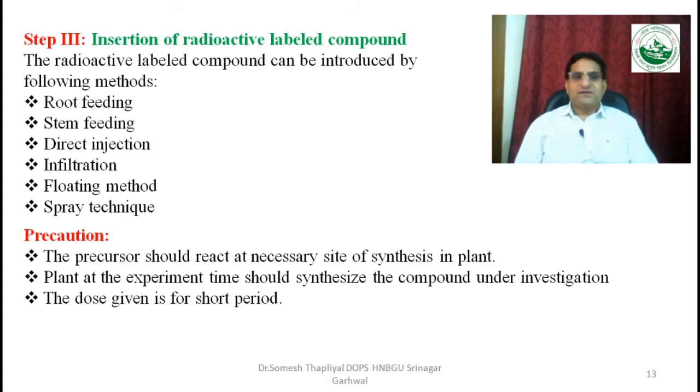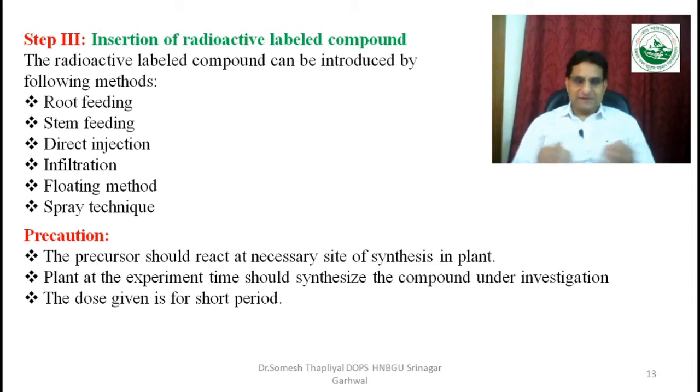Another is the direct injection method. This method is useful for stems which are hollow in nature, for example some umbelliferous plants like fennel, and for capsular fruits, which contain capsule-like fruits, for example opium.